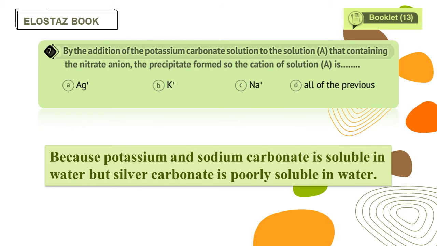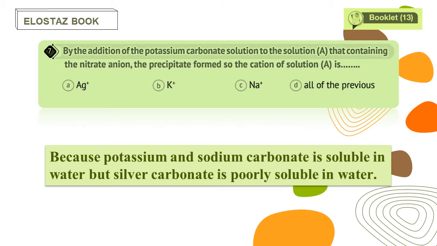they are soluble in water. Potassium and sodium are active cations that are soluble in water, but silver is poor as a cation element. We have silver carbonate, which will be poorly soluble in water, so all carbonate salts will not be soluble in water, as we discussed before in first secondary, where we have table 4.